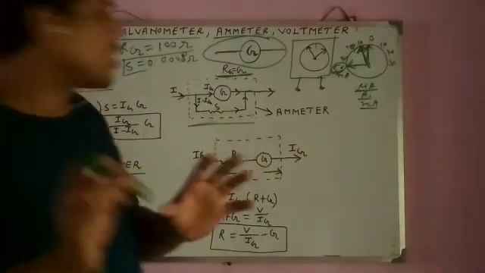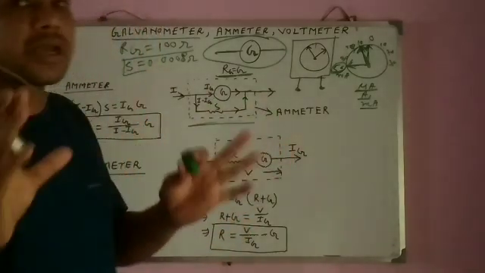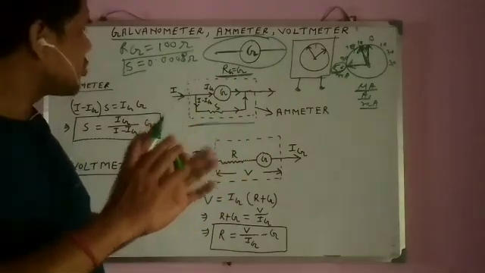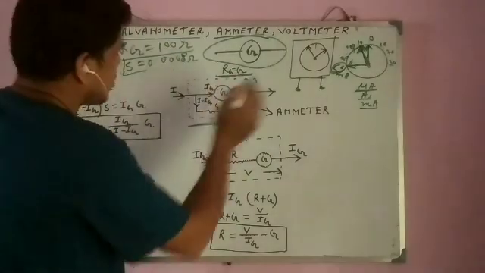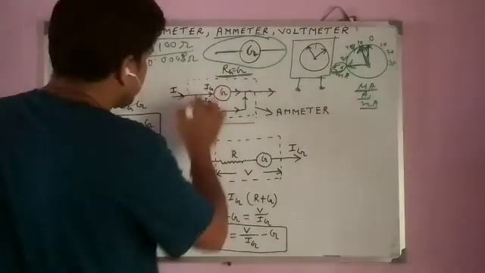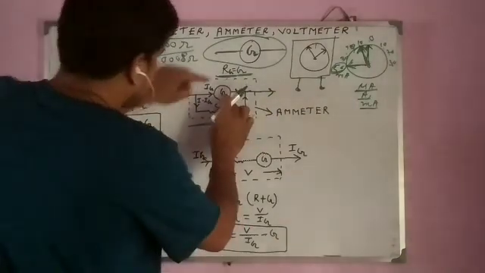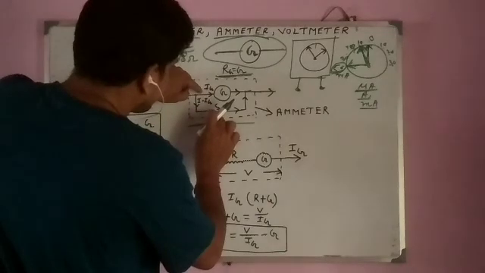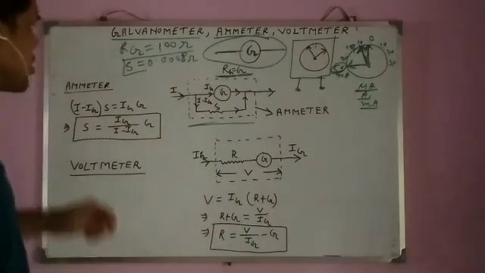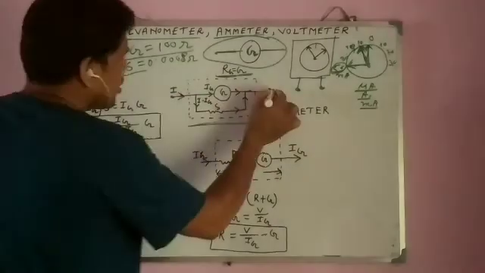In this way we can protect the galvanometer so that the maximum current does not flow through it. This combination is shown in the dotted box. So the galvanometer and a parallel resistance S, this combination acts as an ammeter. These are the two ends of the ammeter.